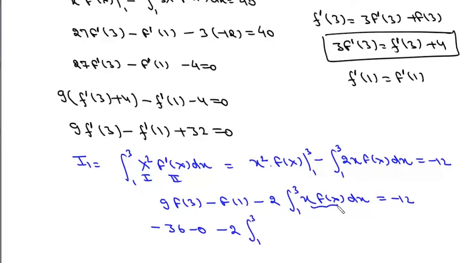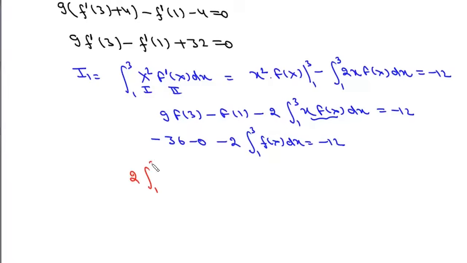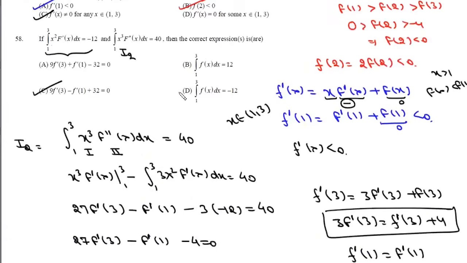Now x F(x) is small f(x), so it will be f(x) dx, and it will be equal to -12. So we can write 2 times this integral from 1 to 3 of f(x) dx will be equal to -24, or this integral from 1 to 3 of f(x) dx will be equal to -12, which is your option D. So the correct options are C and D.